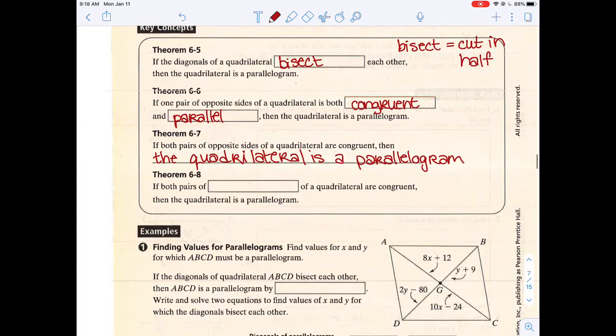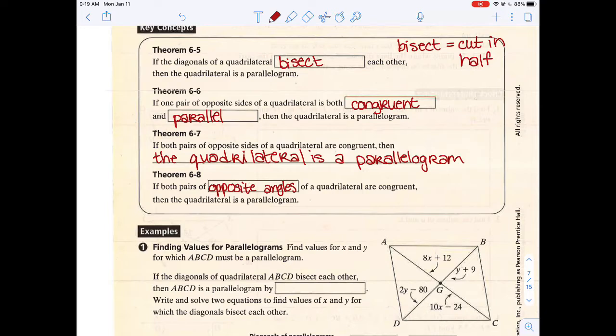And finally, theorem 6.8 says that if both pairs of opposite angles of a quadrilateral are congruent, then that quadrilateral is a parallelogram.